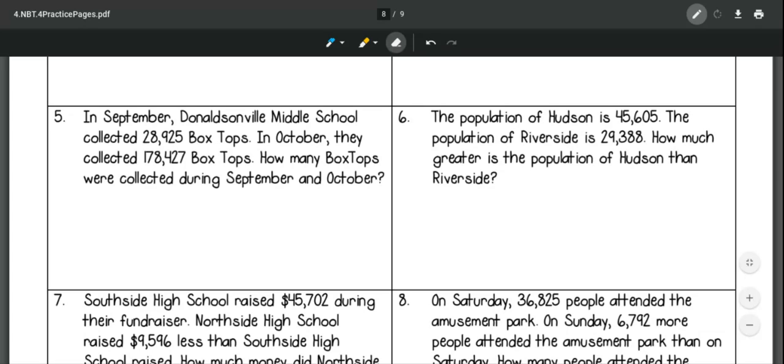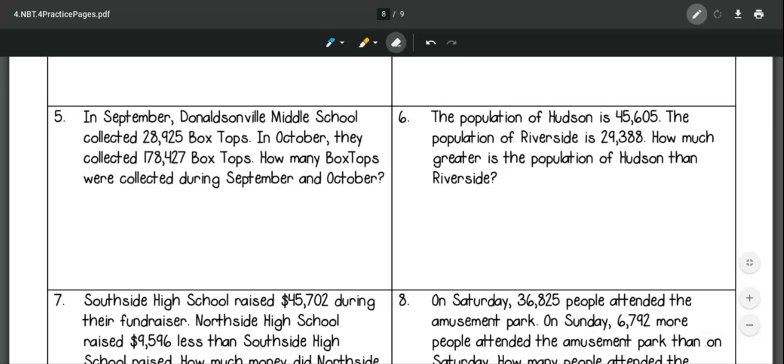So the first thing that I'm going to do is figure out which operation I need to use, whether it's addition or subtraction. And it tells me to circle or highlight the keywords that tell you which operation to use. So when I look at this problem, I'm going to look at the question that it's asking me, which is the third part of this problem.